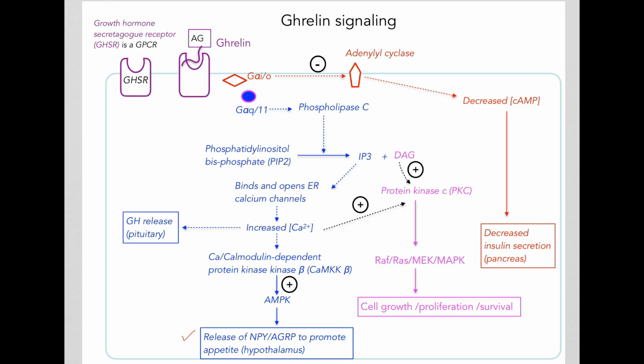In the hypothalamus, ghrelin leads to the secretion of NPY and AGRP. These are chemicals that promote appetite.